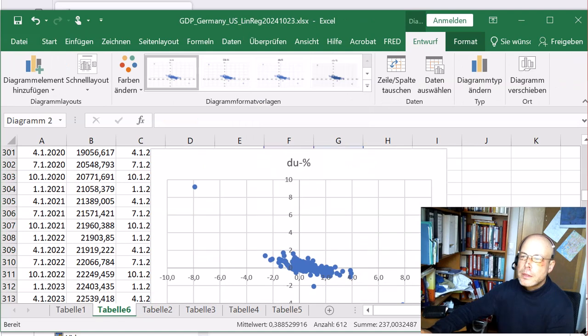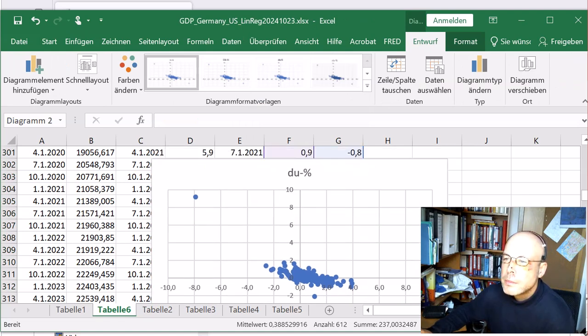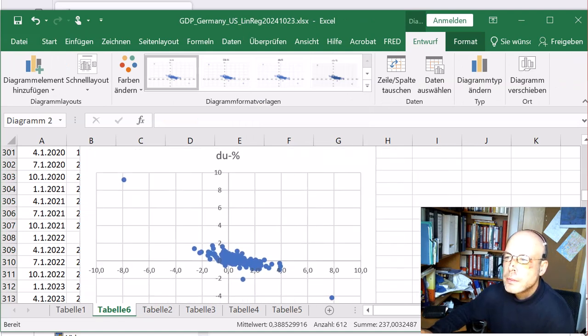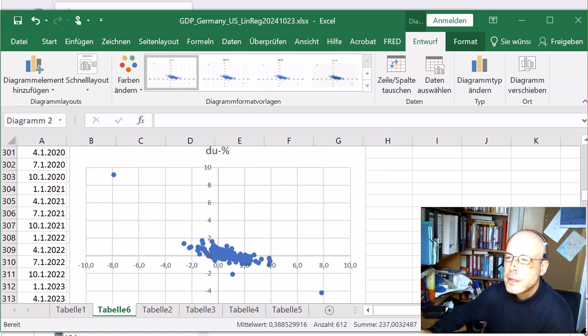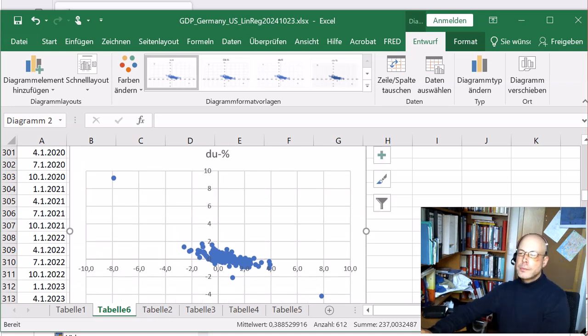Here we are, this -8. Where does it come from? I think these two. And for this, you have to be also careful for your country. These are some outliers, and I think this will be the case within Corona times, since we now have quarterly data.